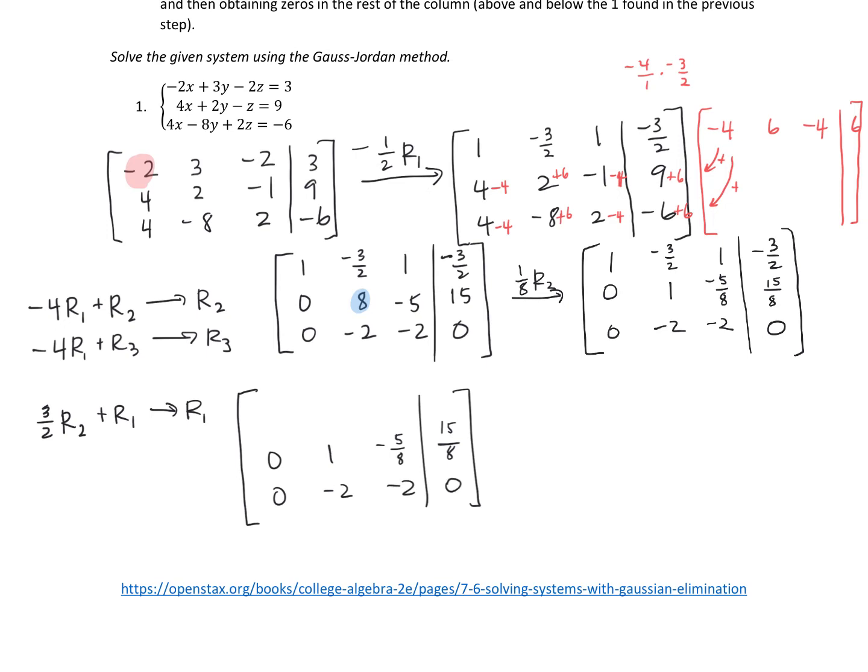Okay. And now what I want to do is multiply everything in row 2 by 3/2. So 0 times 3/2 is still 0. So I'm going to be adding 0 to the top. 1 times 3/2 is 3/2. So I'm going to be adding 3/2 to the second element in the top row. Negative 5/8 times 3/2, that's going to be negative 15/16.